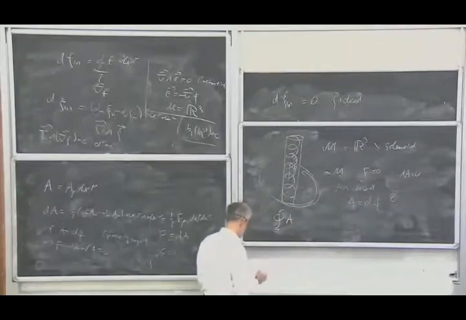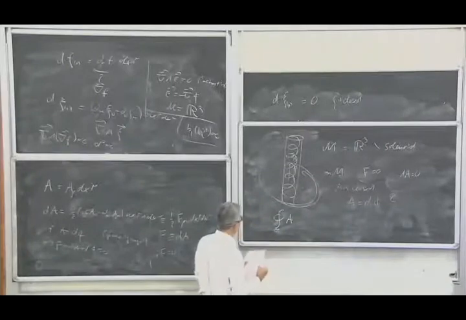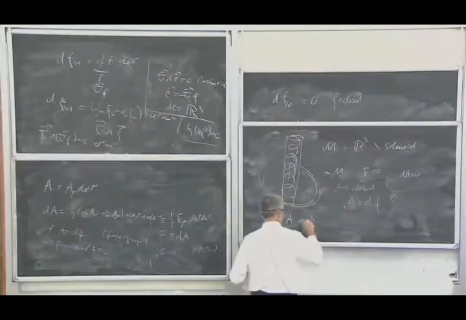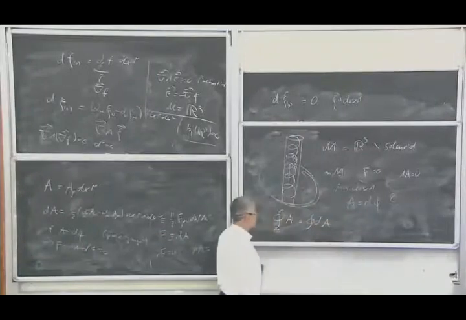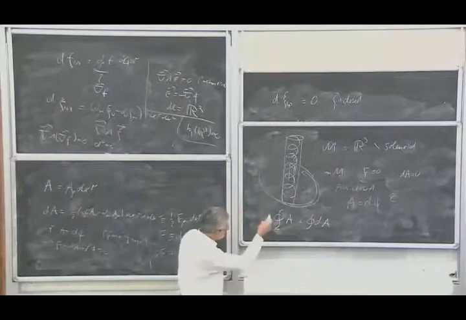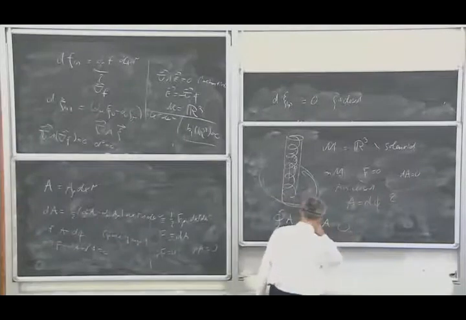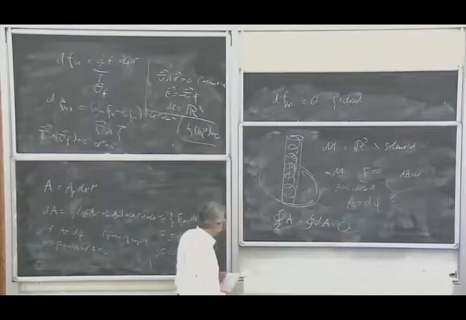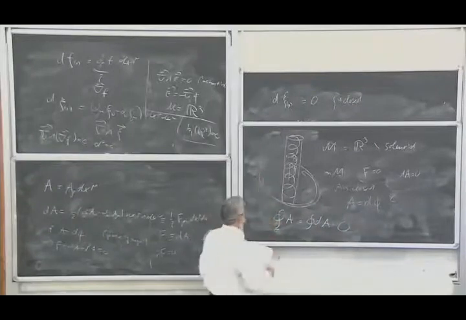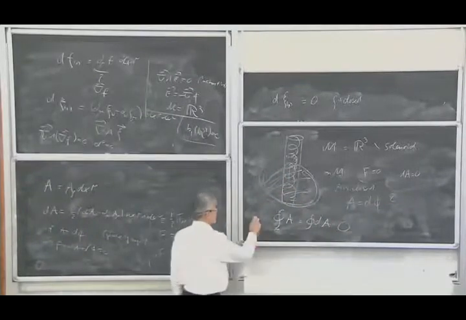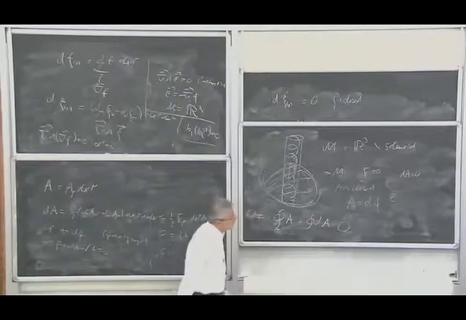And if A was d of something, then by Stokes' theorem, this would be the integral of dA over the boundary of the circle, but there's no boundary, so this would be 0. On the other hand, we know that the circulation of A must equal the flux through the inside of the circle, and this is non-zero. So A cannot be pure gauge.